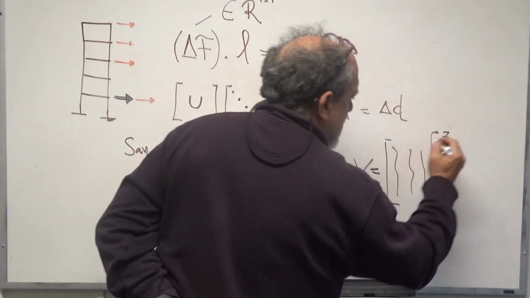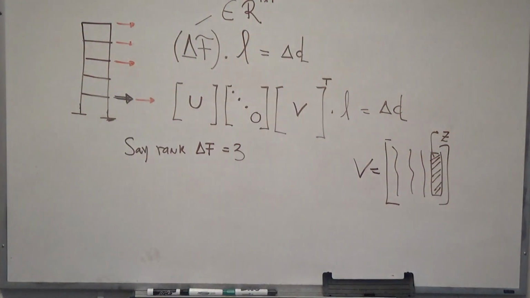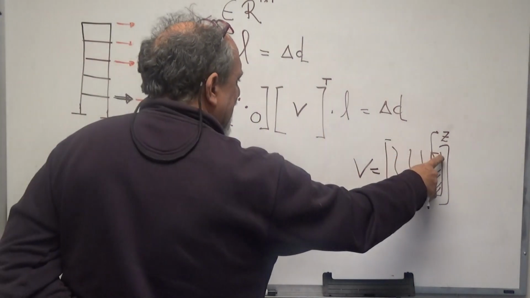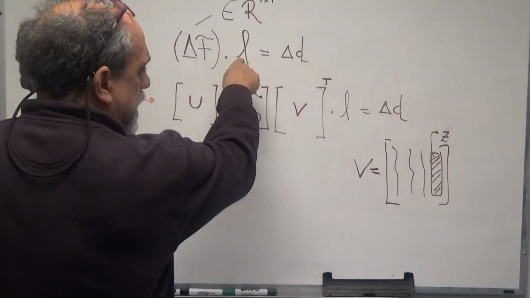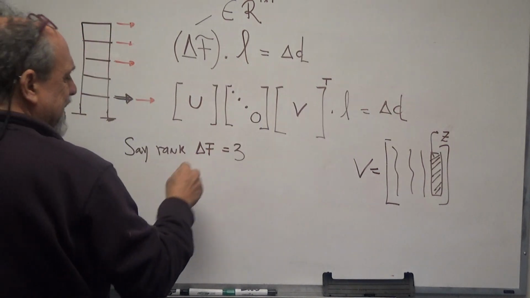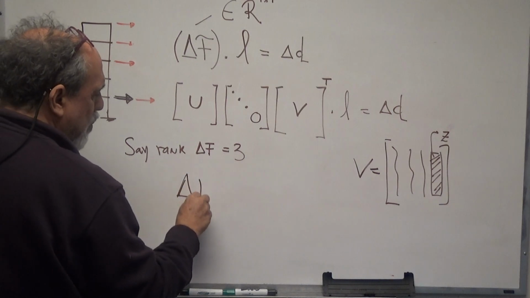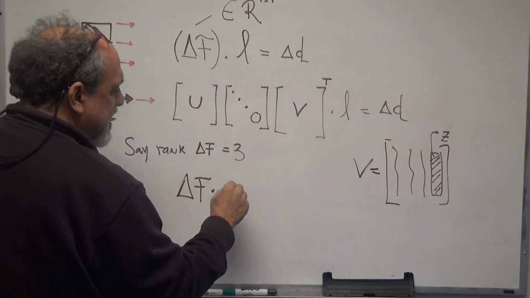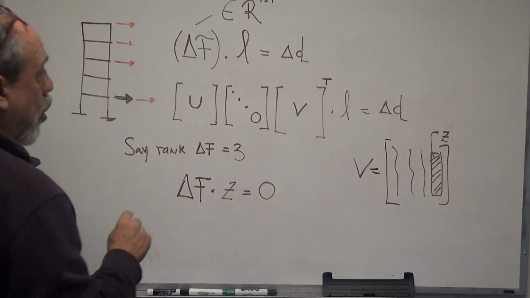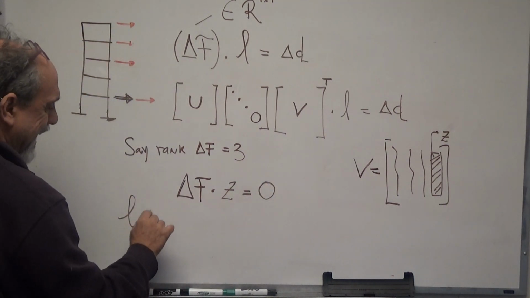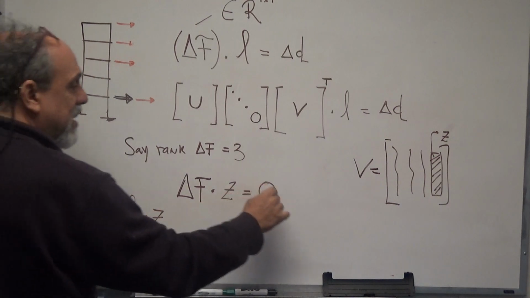And we call it Z. So the last vector on the matrix V is such that if I multiply it times delta F, I get 0, right? Therefore, delta F multiplied times Z is equal to 0. Or if L is taken to be Z, then there is no change.